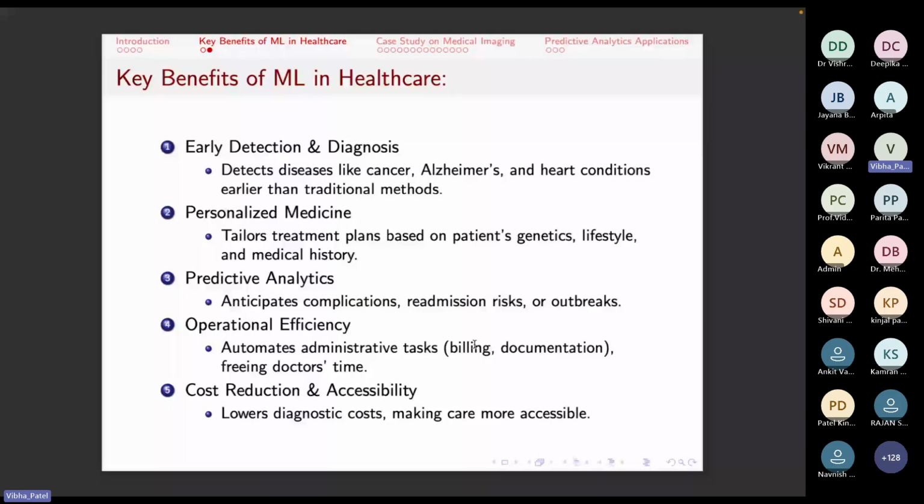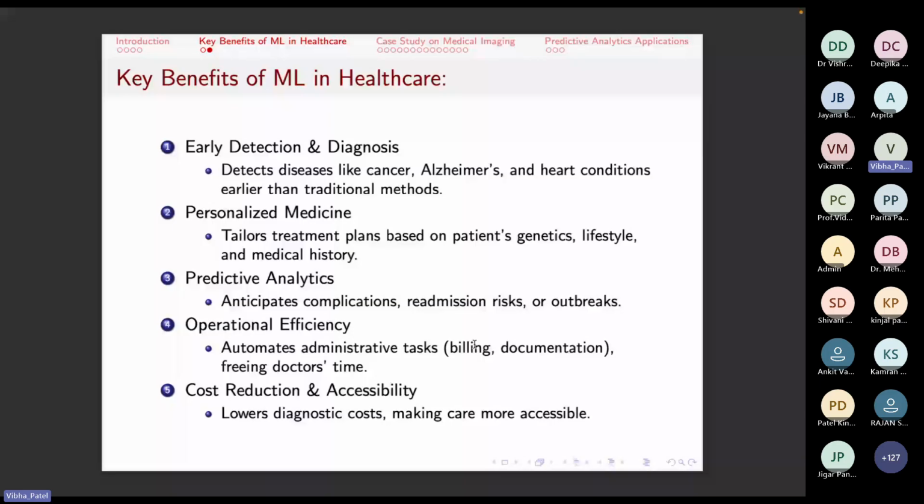Another is, if a patient has been admitted, how likely is the patient to be admitted again in a 30-day or 50-day span. We had outbreaks of corona earlier, and we saw various kinds of predictions from data at that time. So predictive analytics is concerned with such unknown outbreaks that could occur in our day-to-day life.